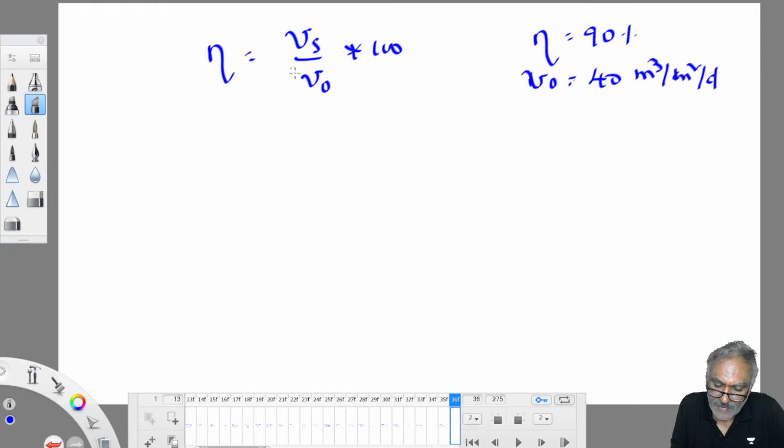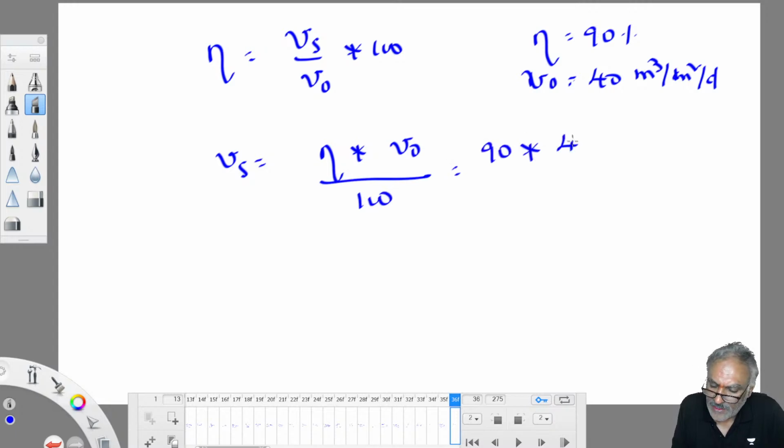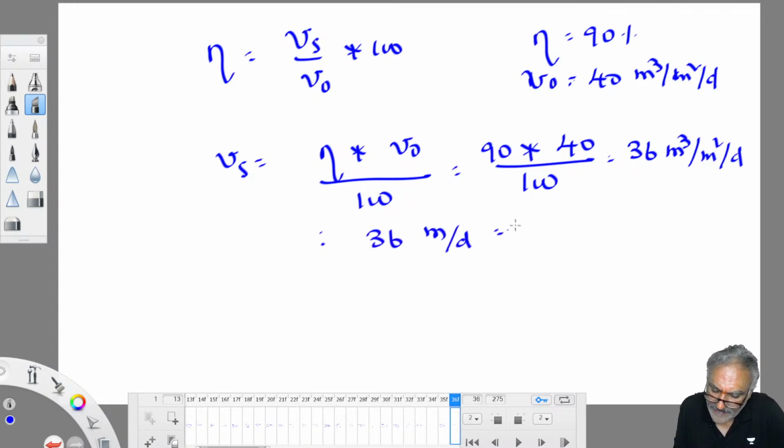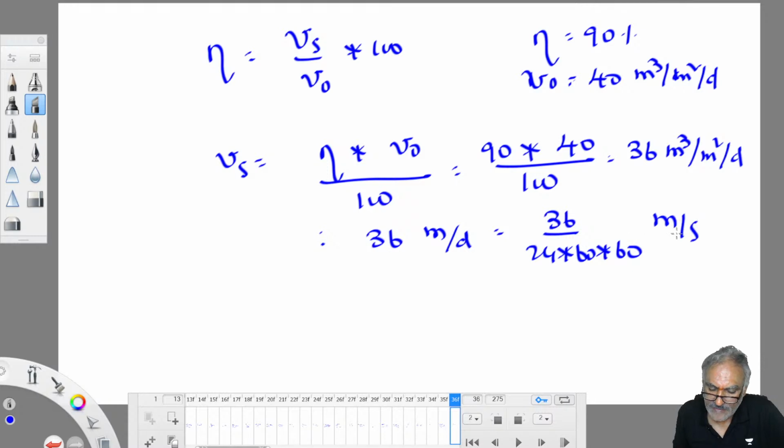Therefore, settling velocity is equal to efficiency into V naught by 100. So 90 into 40 by 100 is 36 meter cube per meter square per day, which is nothing but 36 meters per day, which is equal to 36 by 24 into 60 into 60 meters per second.